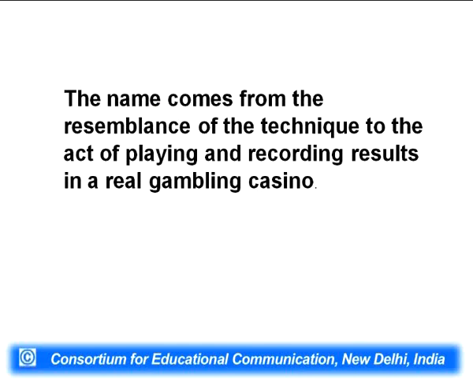The name Monte Carlo comes from the resemblance of the technique to the act of playing and recording results in a real gambling casino. Monte Carlo is the name of the place where gambling and betting games are played, and this name has been taken for the Monte Carlo method of simulation.